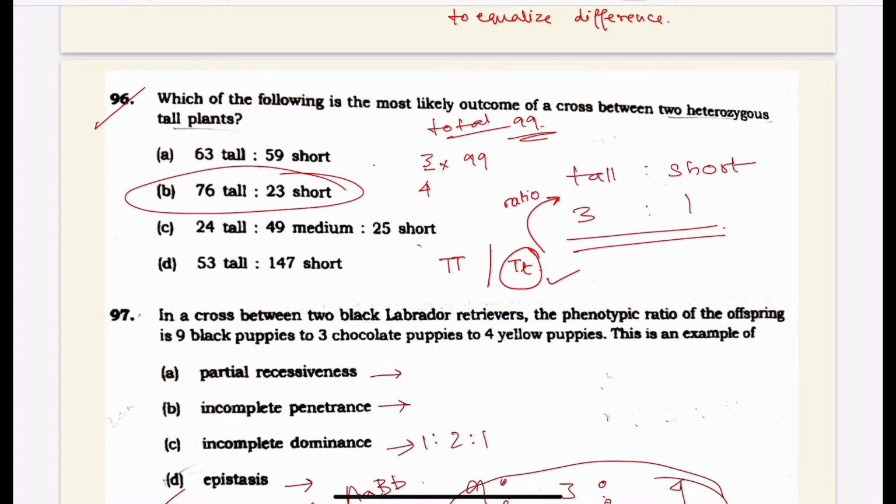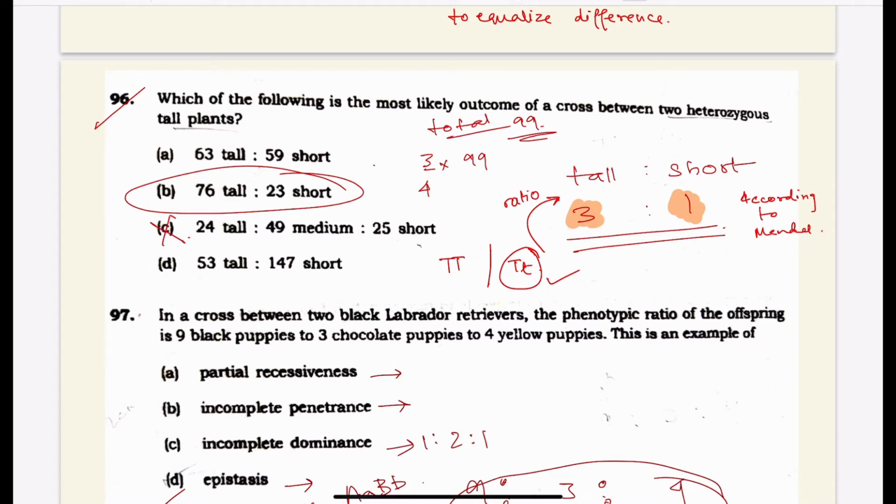Option C, 24 tall, 49 medium and 25 short, is not the one, because according to Mendel's laws, crossing two heterozygous tall plants gives a 3:1 ratio. Option C has three classes, so that won't be the answer. We will cut it first.